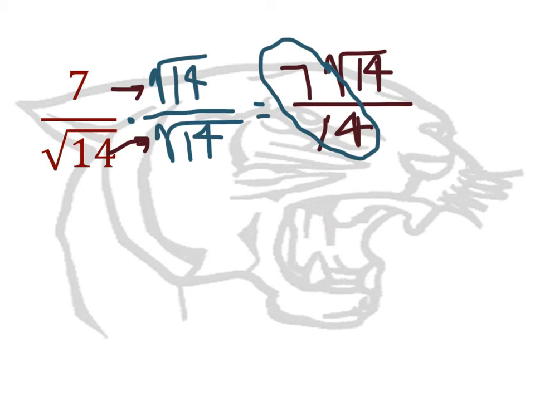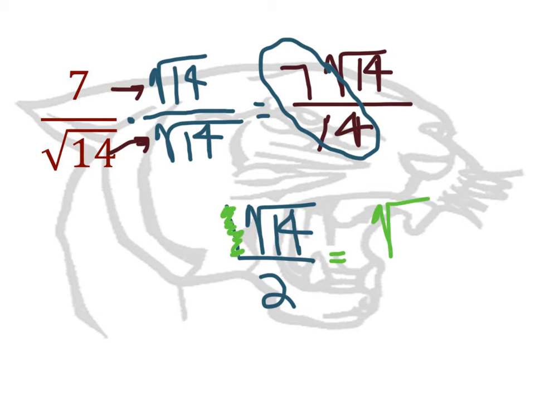Again, you have a fraction that you can simplify. 7 over 14 is equal to 1 over 2. So we have 1 times the square root of 14 over 2. But we don't have to write the 1 because it's understood. So really, our answer is the square root of 14 over 2.